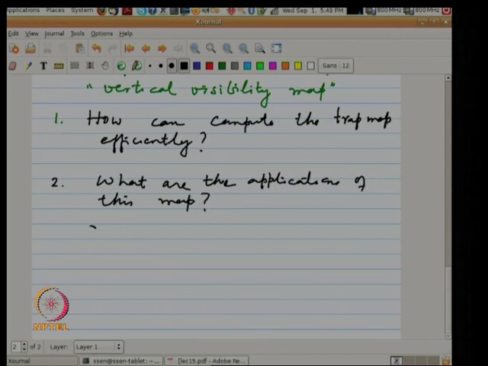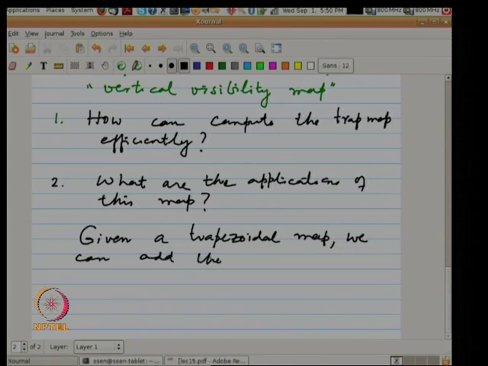that given a trapezoidal map, we can add the triangulation edges in linear time.